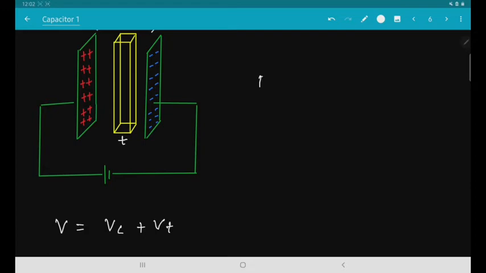So the electric field we know in the vacuum is Q divided by A epsilon naught. It will be in I cap direction, and the electric field in the dielectric medium will be Q divided by A epsilon naught into epsilon r. This will be also in I cap direction.